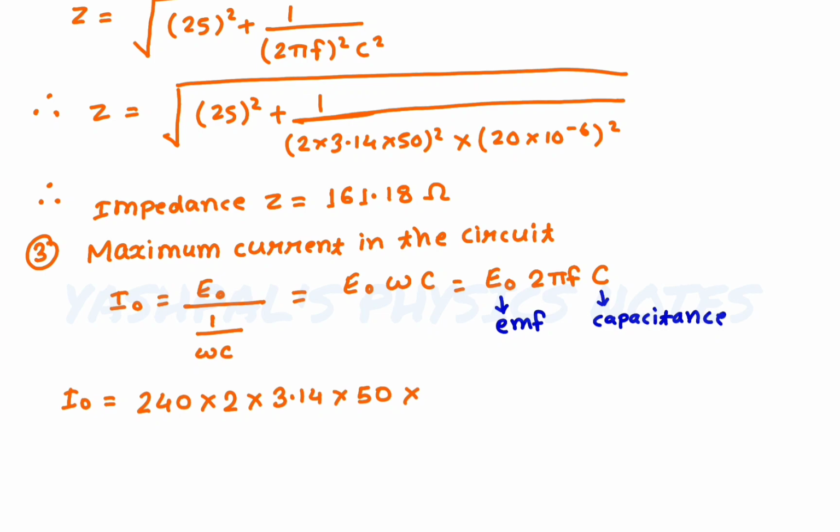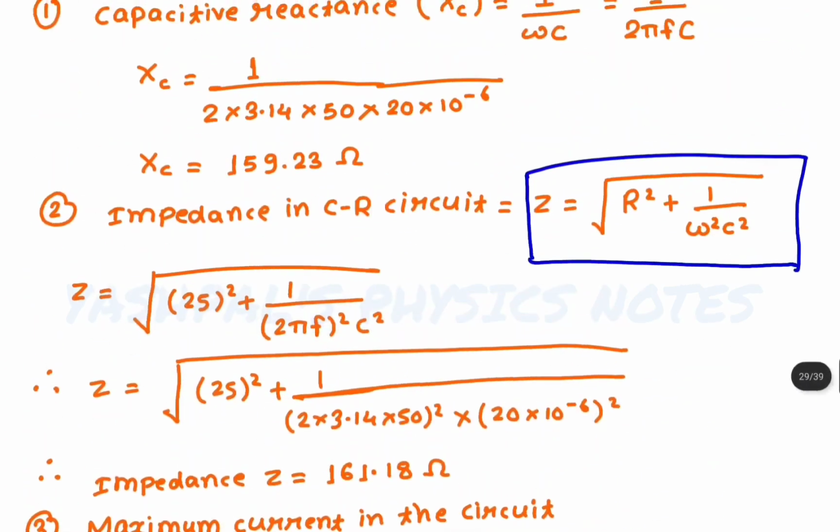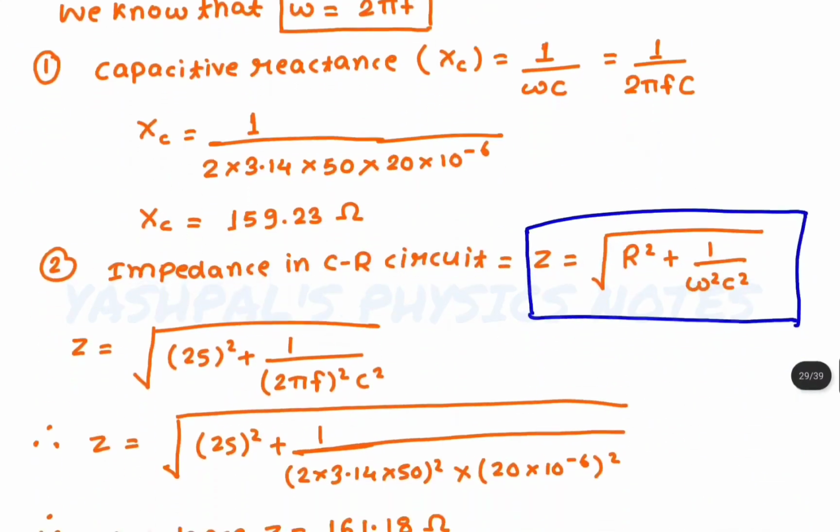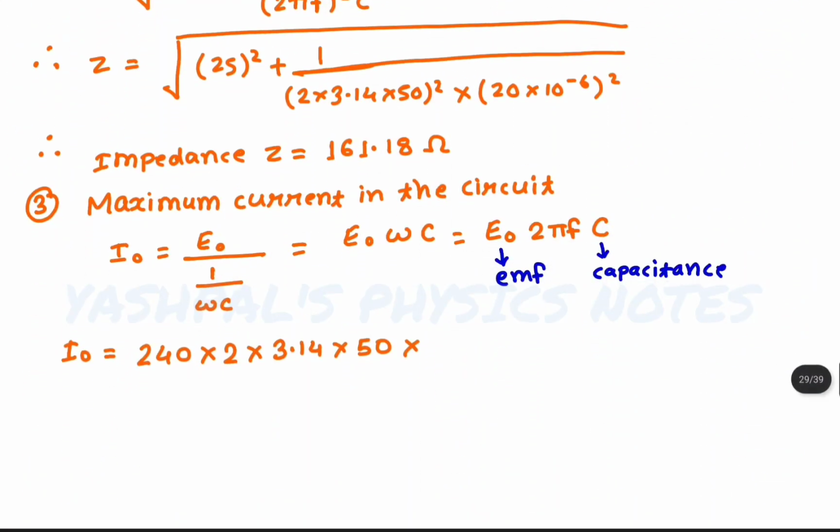And next step is capacitance. Capacitance is given as, we have found, 20 into 10 to the power minus 6 farad. So here we can find out that I naught is equals to, after calculation, 1.5072 ampere. Remember that SI unit of current is ampere.